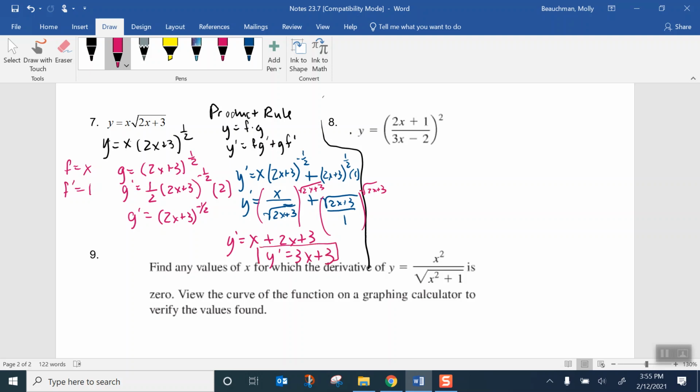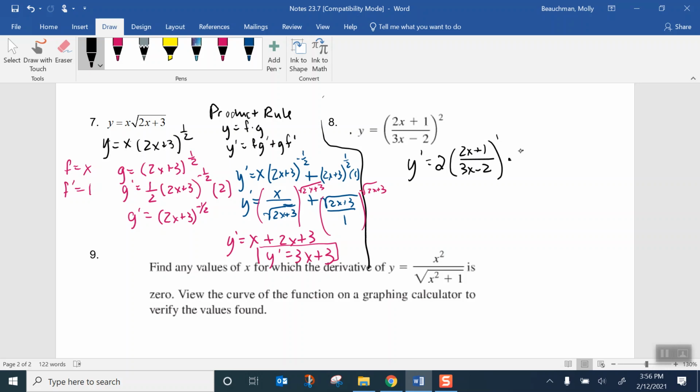All right, next example of using more than one derivative rule at the same time. Number 8, we have y is equal to this expression in parentheses squared. So the chain rule says take the power rule, which is 2 times (2x plus 1) over (3x minus 2), drop the power by 1, so that's to the power of 1, times the derivative of the inside.